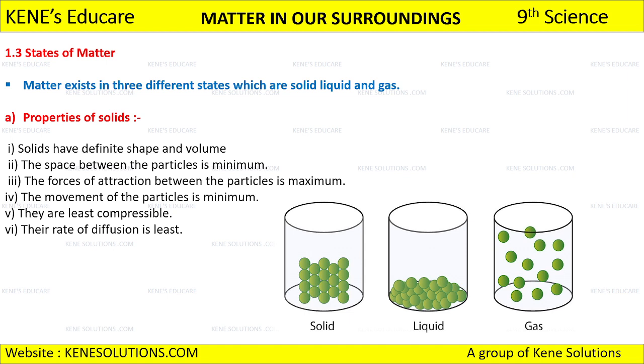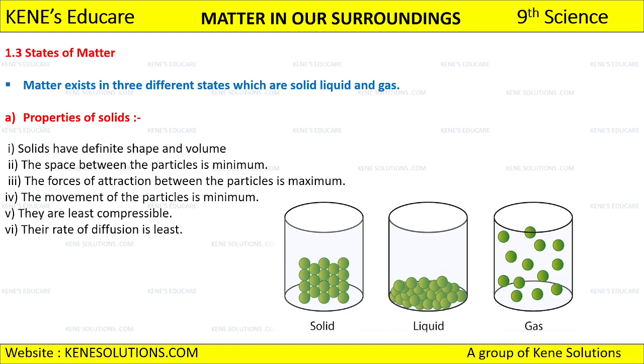See, matter exists in three different states, which are solid, liquid, and gas. But apart from this, if you all remember, we discussed that there are two other states of matter as well, right? Which include plasma, and the other one is Bose-Einstein condensate. So they are also two different states of matter that we have. Now we will be studying each of them in detail along with examples.